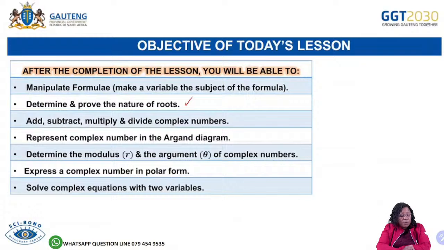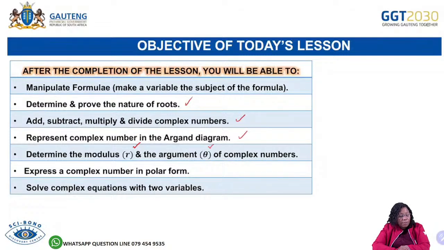And then you must be able to add, subtract, multiply, and divide your complex numbers. That means you will also be looking at the complex numbers. And then you must be able to represent the complex number on the Argand diagram. And then you must be able to determine the modulus, which is r, and the argument, which is theta, of a complex number.